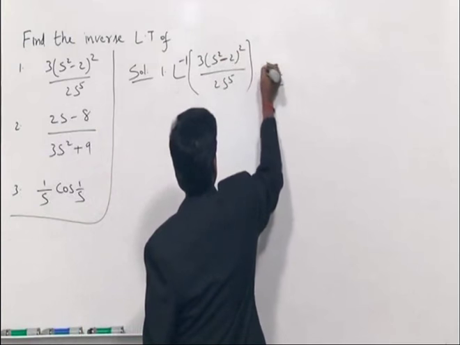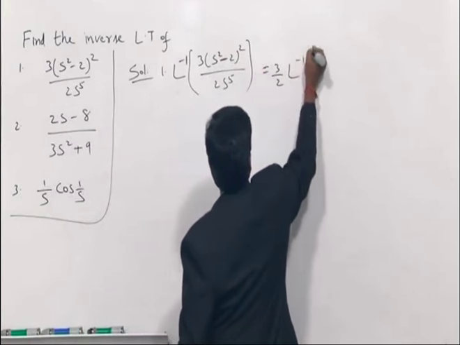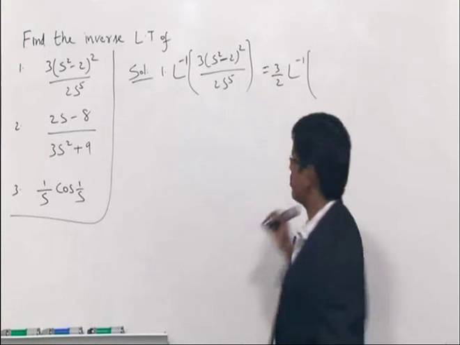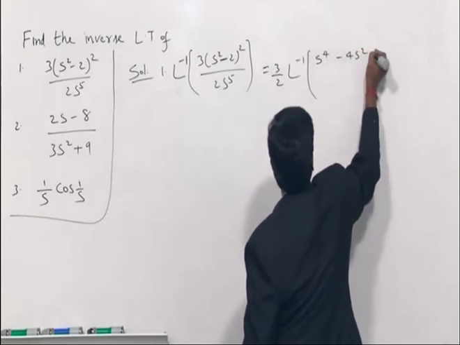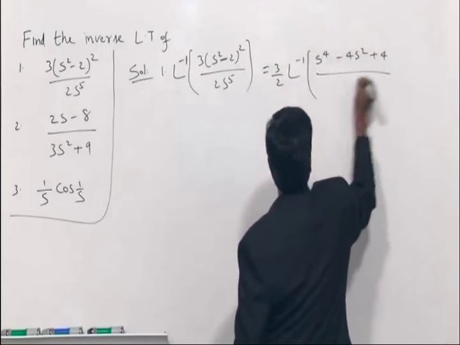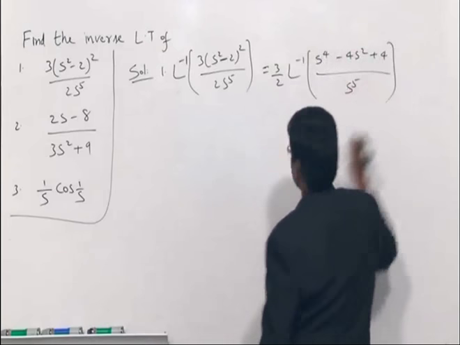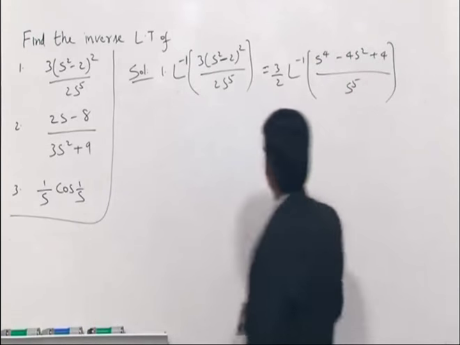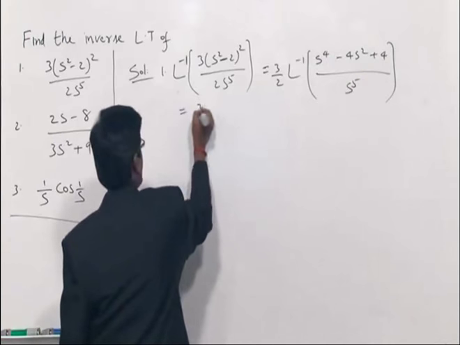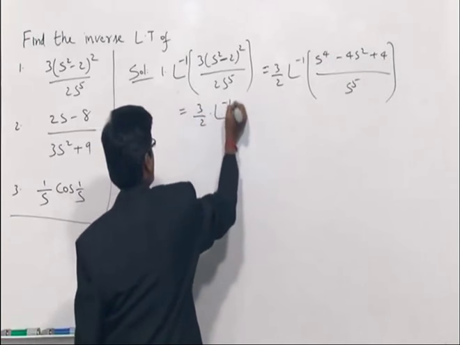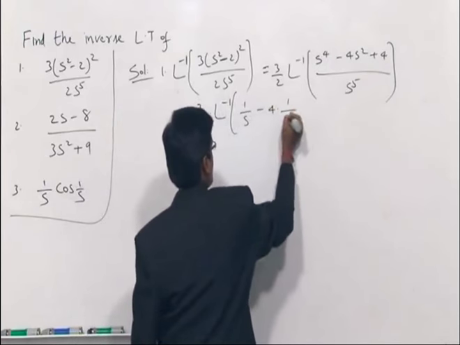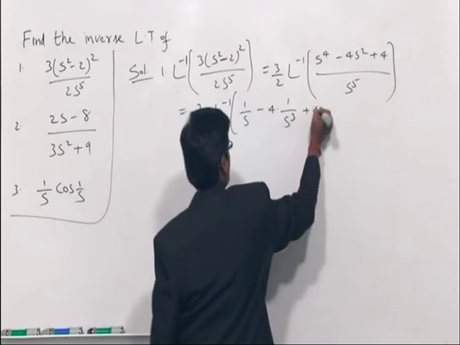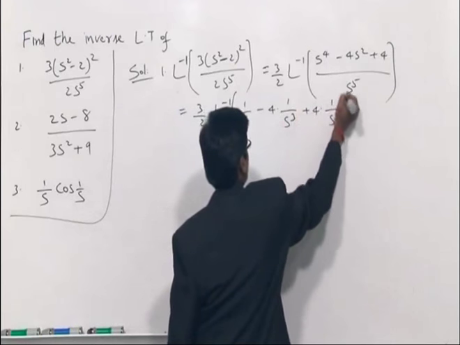So 3 over 2 times L inverse, expanding (a minus b) whole square, that is (s power 4 minus 4s square plus 4) divided by s power 5. Splitting into fractions, this is 3 by 2 L inverse of 1 over s minus 4 times 1 over s cube plus 4 times 1 over s power 5.